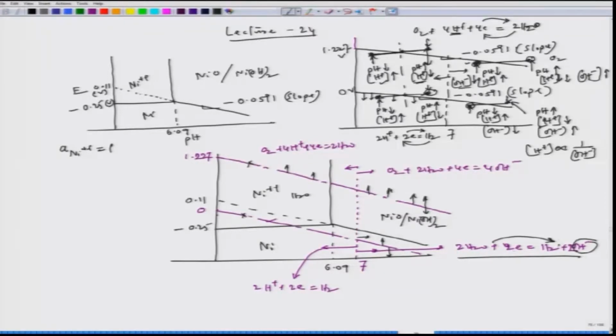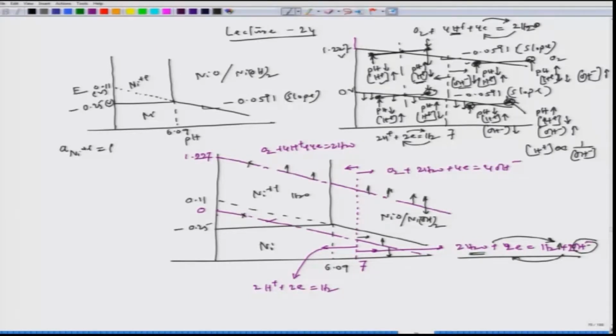So, hydrogen evolution again starts. Below this line we have hydrogen evolution, and at this point OH minus concentration is more, so the reaction should go this way, and we will get water.